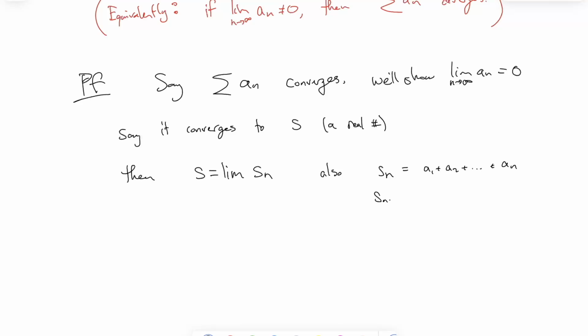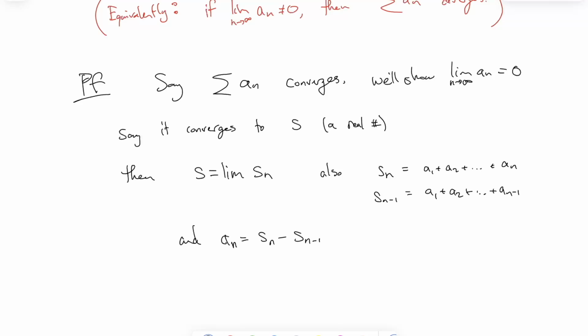If I were to write Sn minus 1, this is a1, a2 up to an minus 1, which is like the previous one. This stops 1 early, all the way down to 1 less than n. And if you subtract these, Sn minus Sn minus 1, the answer is just an. I meant to write an equals Sn minus Sn minus 1, right?